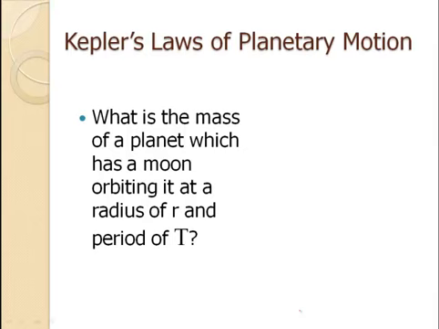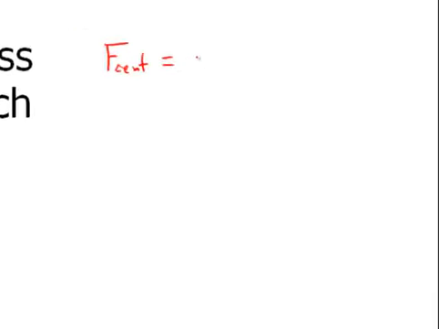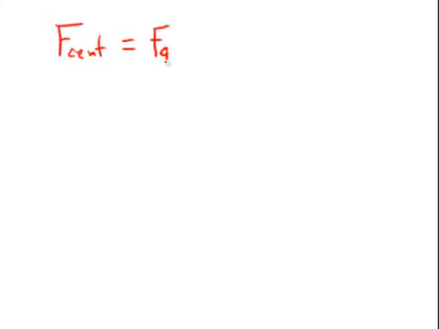To make progress in this, we're going to use the same starting point that we used in the orbits video, and that is that the centripetal force required is provided entirely by the gravitational force. So, if we start to substitute some formulas, the centripetal force formula is m v squared over r, and here I use a lowercase m to indicate that this is the mass of the moon as it's going around, the thing that is moving around in a circle.